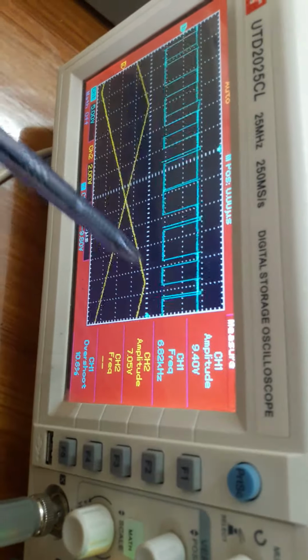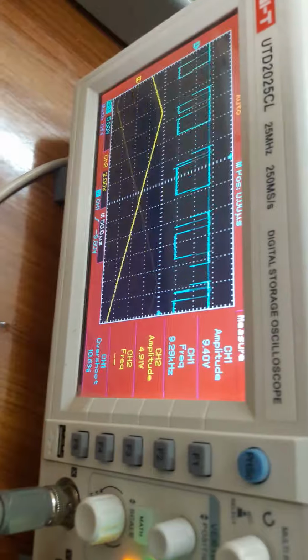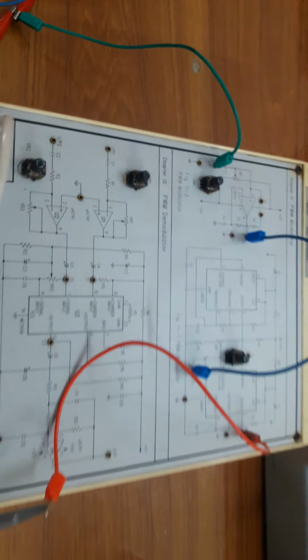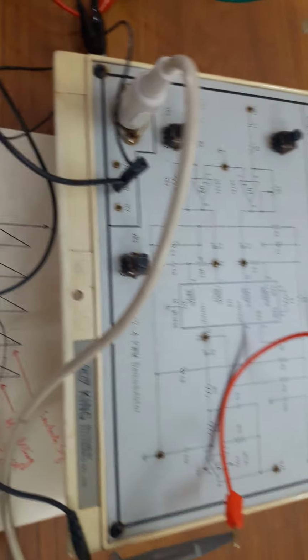The output side or frequency of the pulse width modulation is approximately 15 point something. It changes on the pulse, depends on the amplitude.